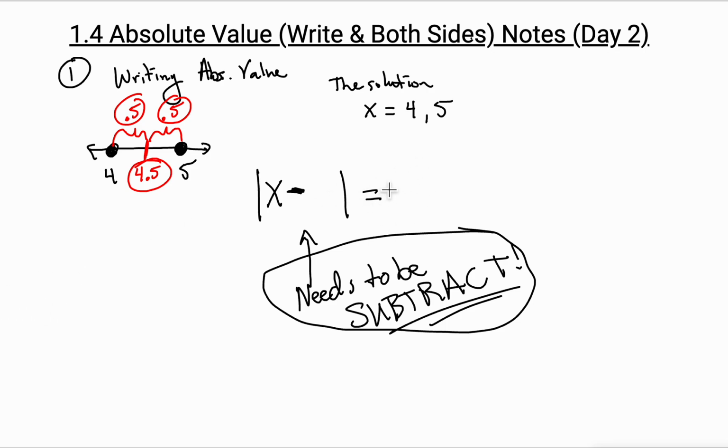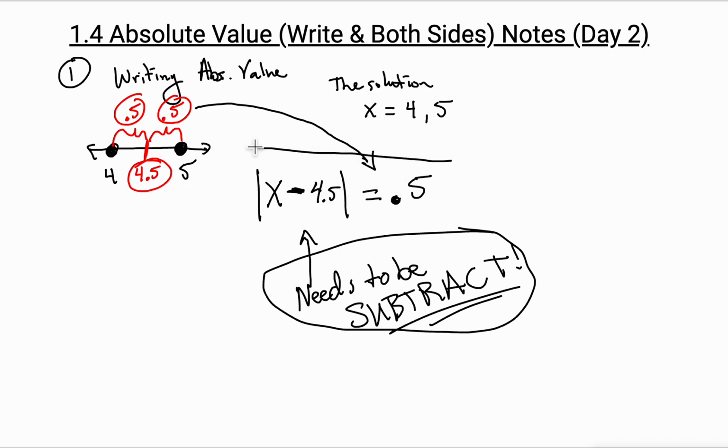Now, I don't usually start with the inside part. I know it's left to right, and when we read it left to right, it's easiest that way. But I like to start with my answer. My answer is how far away from the center is it? And the answer is 0.5. That means my 4.5 is the only other spot left, right here.